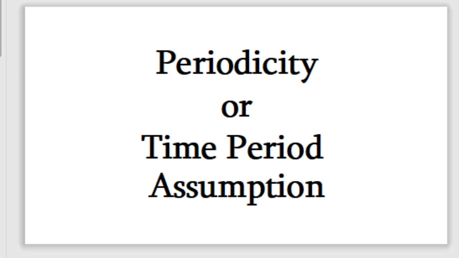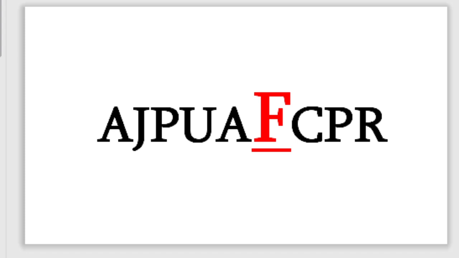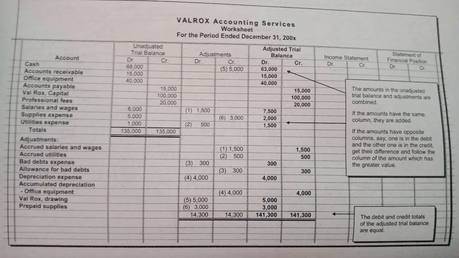So now, in order for us to be able to prepare our financial statements, meron tayong tinatawag na worksheet. So, kung nakakita na kayo ng worksheet, ganito ang kanyang itsura. Nandyan yung ating mga account titles. The unadjusted trial balance is presented.